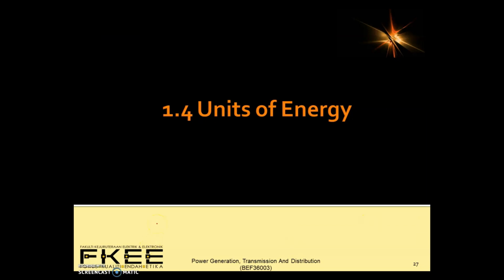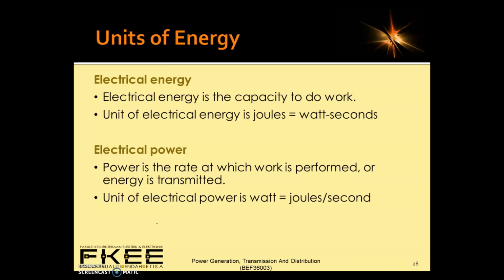Okay, next is the units of energy. The capacity of an agent to do work is known as its energy. So we have electrical energy and also electrical power. Electrical energy is the capacity to do work.